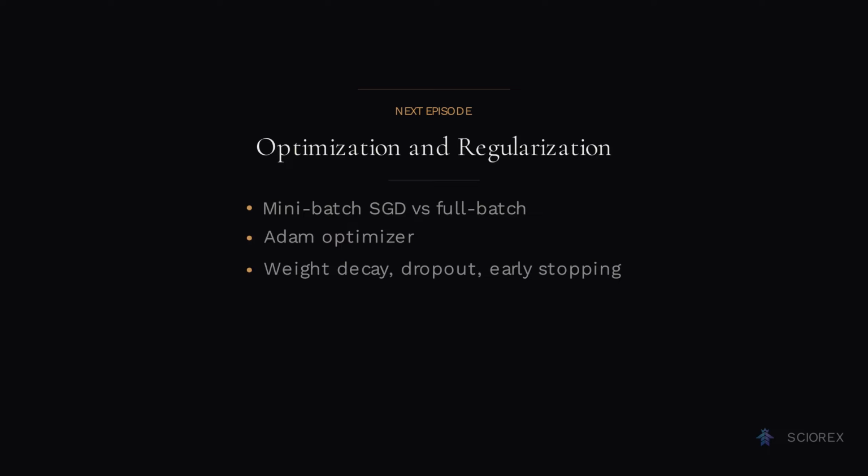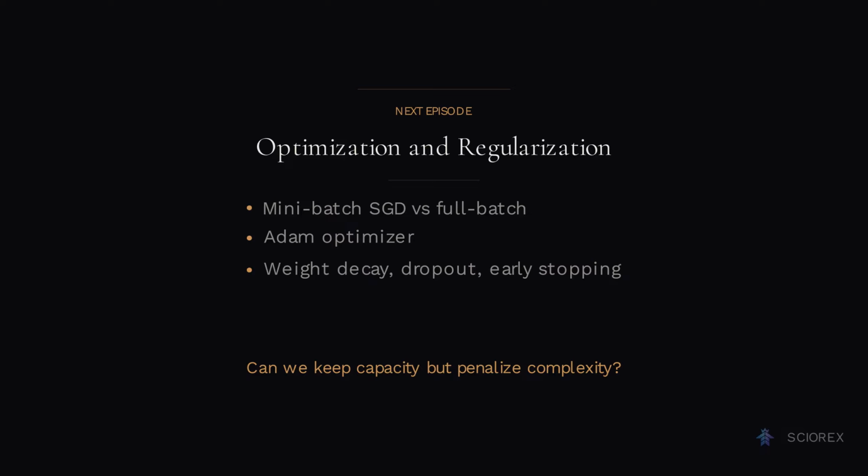You will see why mini-batch SGD beats full-batch gradient descent. You will see Adam, the optimizer behind most modern models. And you'll see the techniques that directly fight overfitting. Weight decay, dropout, early stopping, and data augmentation. These are the tools that bridge the gap between low training loss and works on new data.